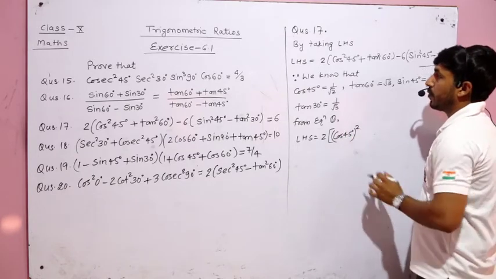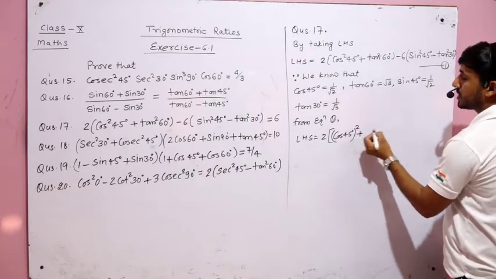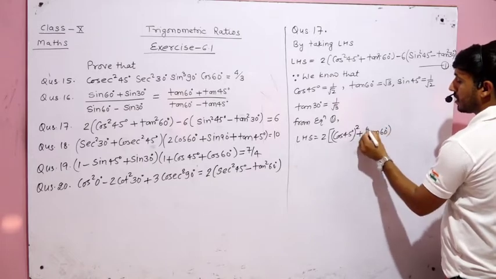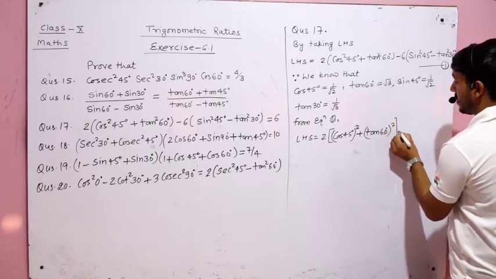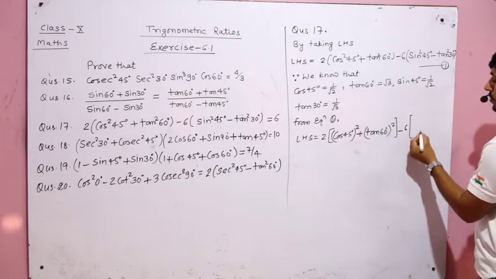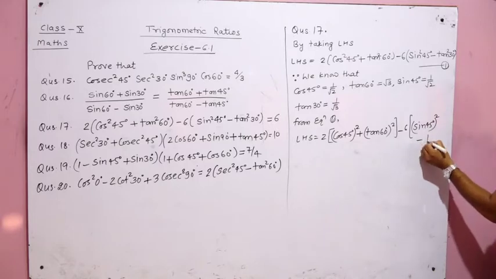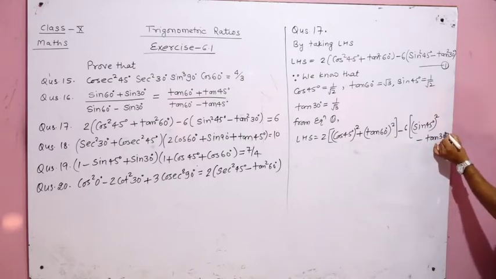Next, the square of tan 60 degree. Then minus 6 into the square of sine 45 degree, and minus the square of tan 30 degree.